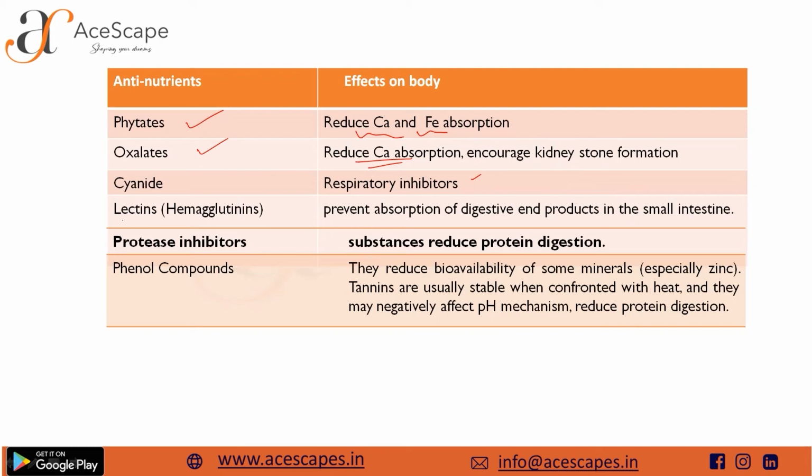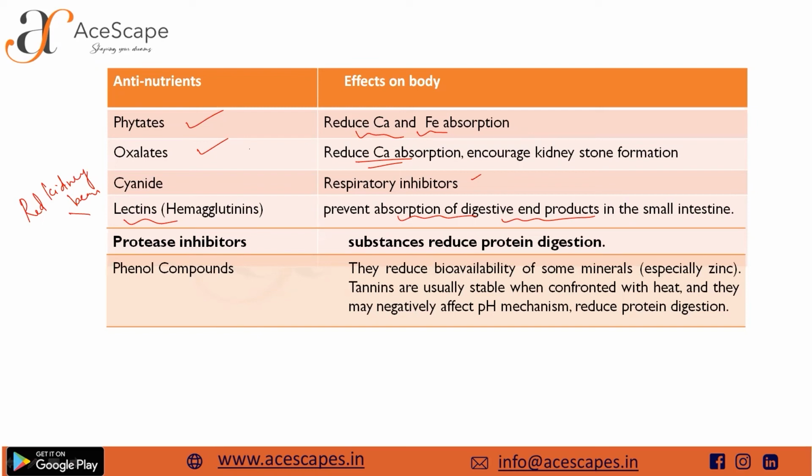And then another anti-nutrient is lectins or hemagglutinin, which are commonly present in our red kidney beans. They will prevent the absorption of digested products in the intestine. So they will inhibit the absorption of the compounds from the intestine.